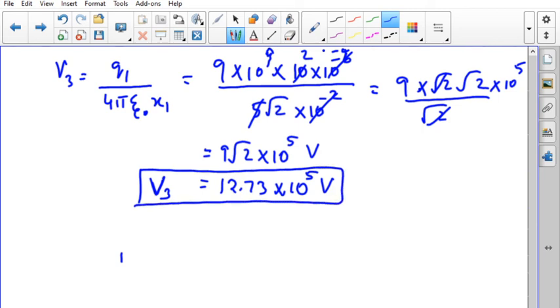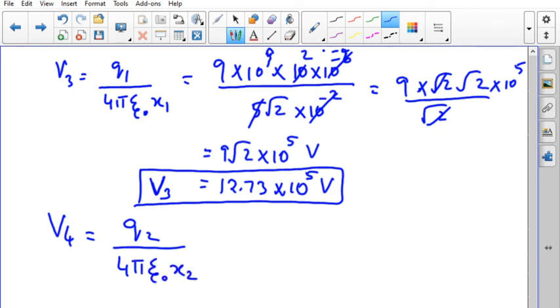Similarly, calculate V4. V4 is equal to Q2 by 4 pi epsilon naught x2.